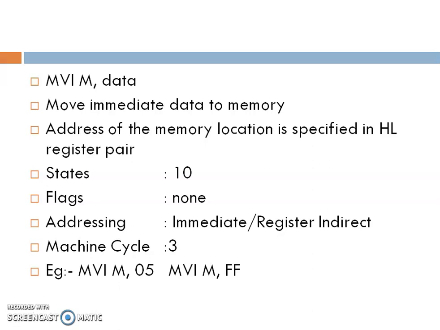And the third one is that the data in the instruction is to be placed in that particular memory location whose address is in the HL register pair. Therefore, the third machine cycle is memory write.